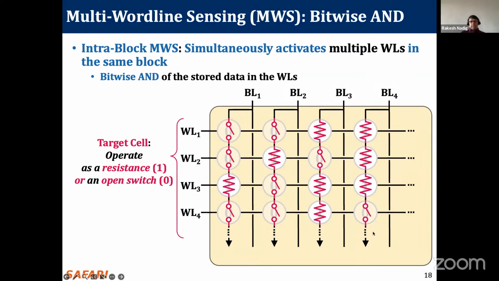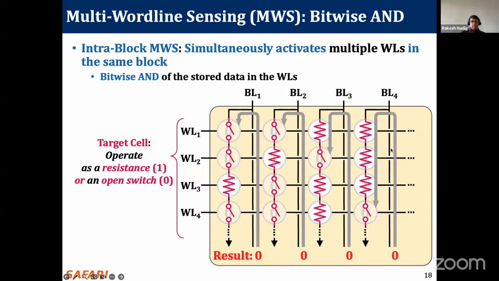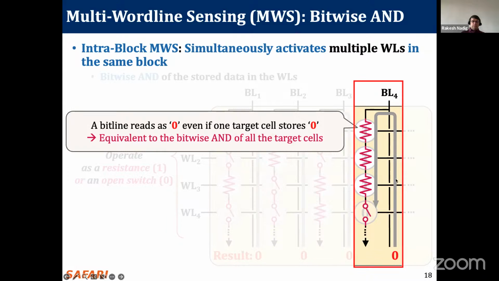Now we look at an example where all 4 word lines are target cells, and we simultaneously activate these word lines at the same time. We see that even if there is a single open switch, a cell in a programmed state, the current cannot pass through the NAND string, and it represents a 0.